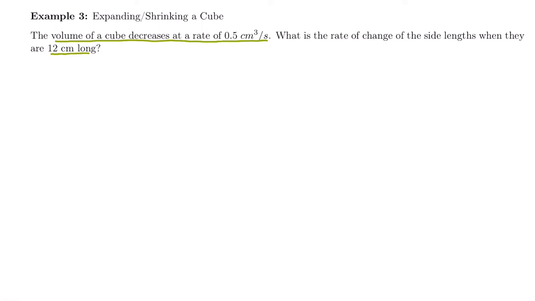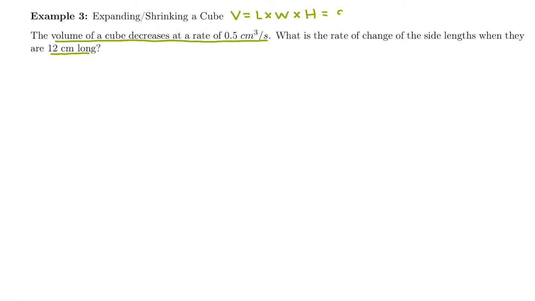So we want to remember the formula for volume. Since we have a 3-dimensional object, volume is length times width times height. But the special thing about a cube is that they're not rectangular bases, they're actually squares.